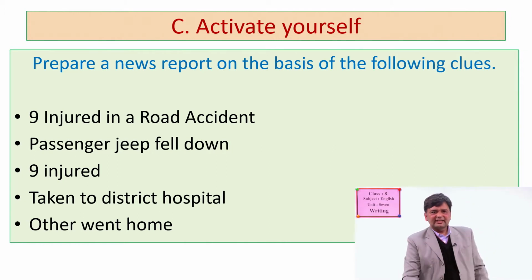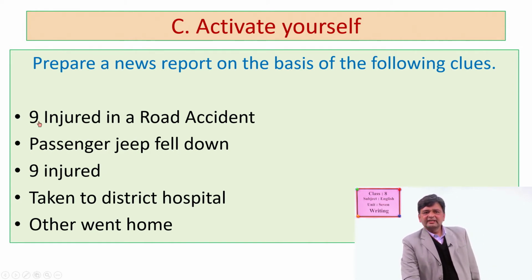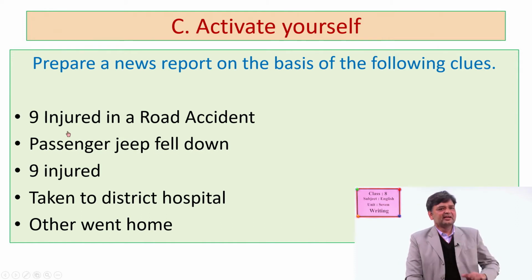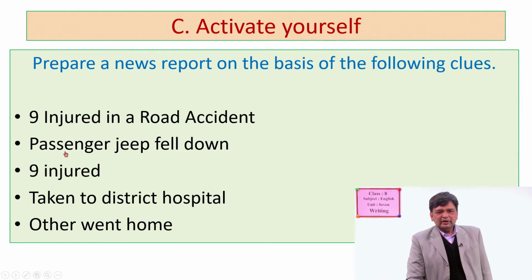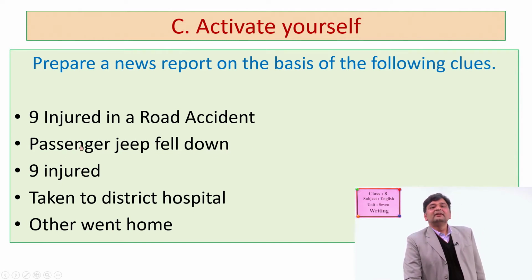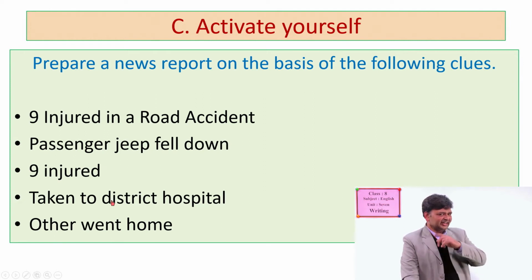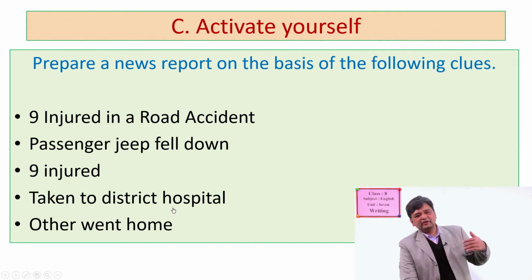And the clues are: 9 injured in a road accident. So 9 injured in the road accident is the main thing here. So it can be the headline. Very good. And then what can be there in the byline? Yes, very good. The byline must cover that this is a passenger jeep that made an accident, maybe 9 injured, and maybe other things.